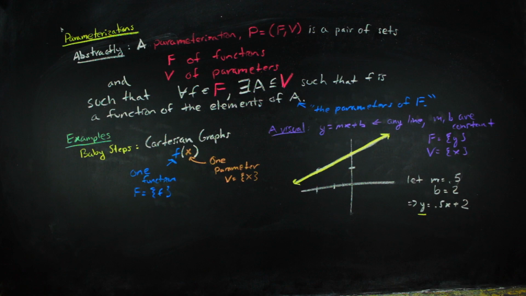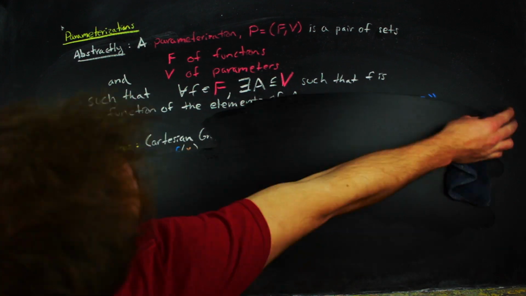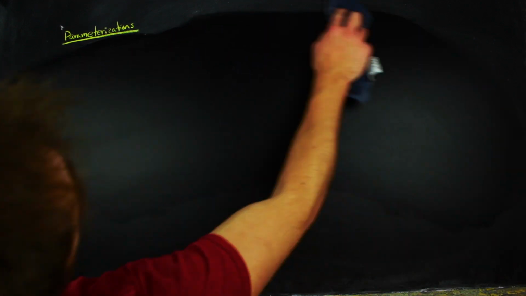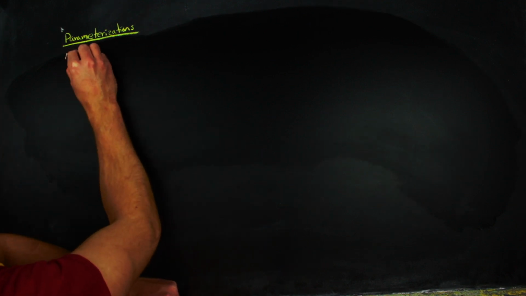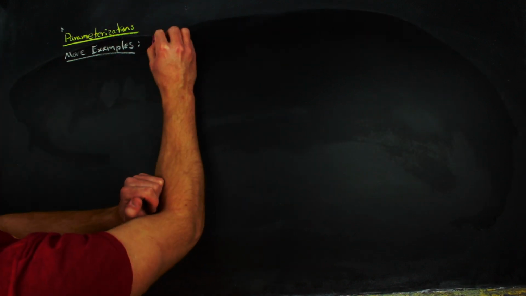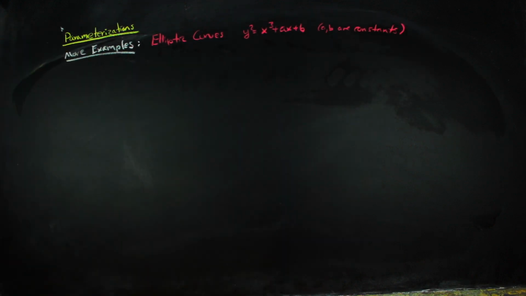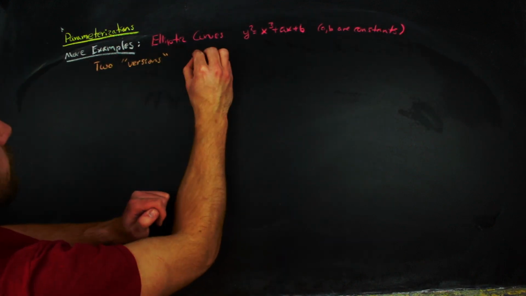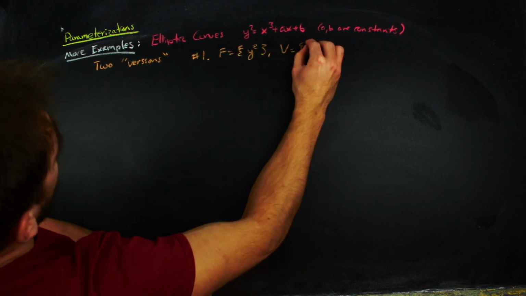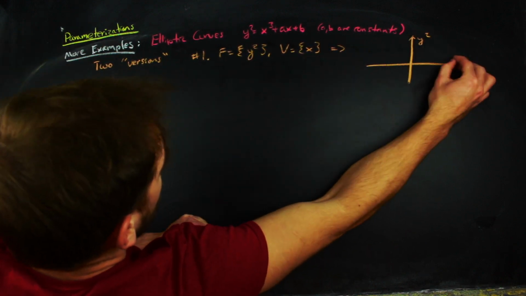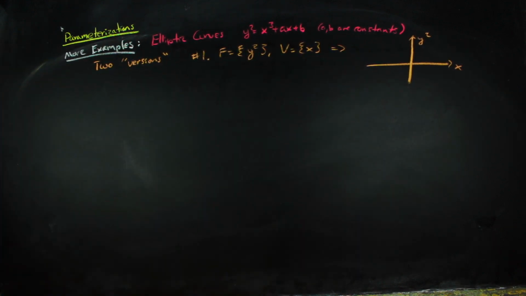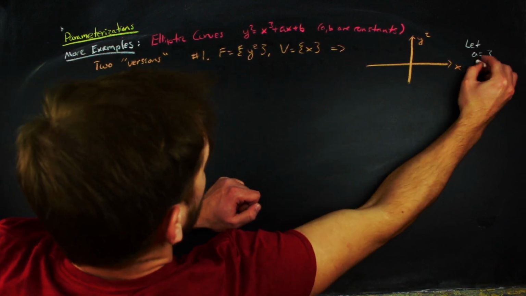But parameterizations in this general sense don't have to fit into our Cartesian function or polynomial mold. For instance, something more exotic like an elliptic curve, y squared equals x cubed plus ax plus b, where a and b are constants, can also be thought of as a parameterization, with one function, y squared, and a parameter x. However, the graphical interpretation would not be the elliptic curve one would expect.